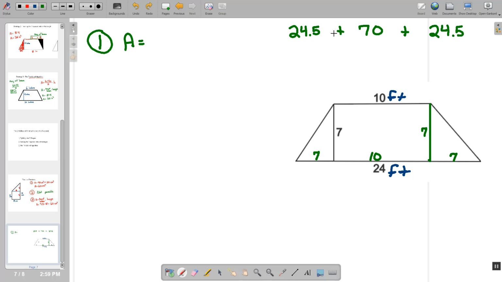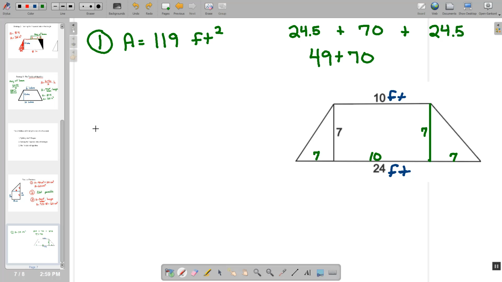Well, 24.5 plus 24.5 is 49. And 49 plus 70 is going to be 119 square feet. So this strategy gave us the answer of 119 square feet by breaking it up into triangle, rectangle, and triangle.